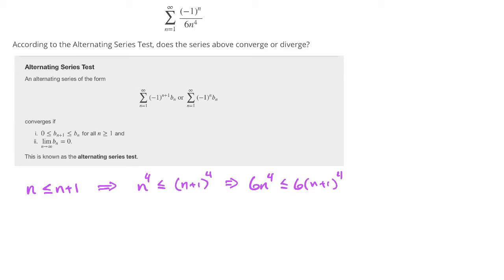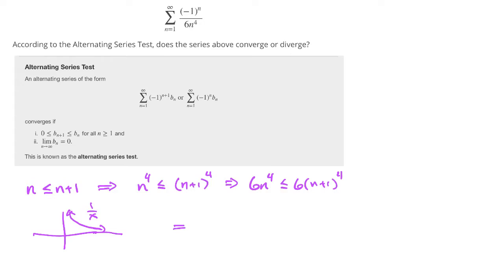And finally, because 1 over x is a decreasing function for positive x, when we take the reciprocal of both sides, the direction of our inequality will actually switch.